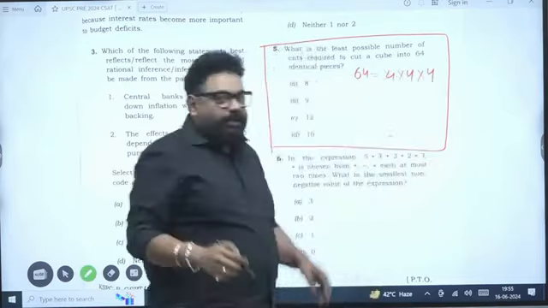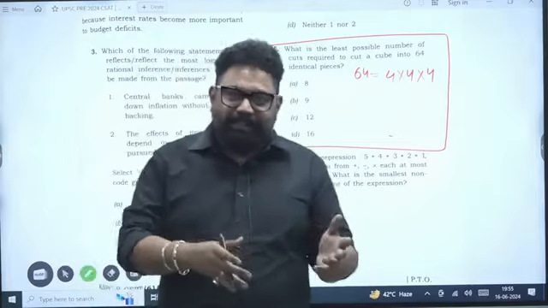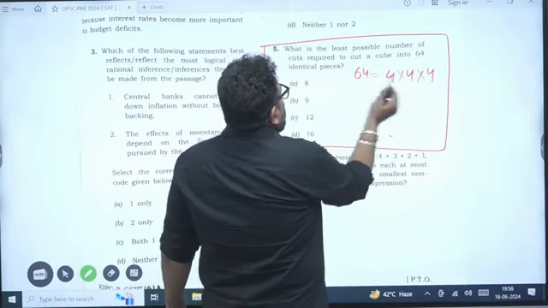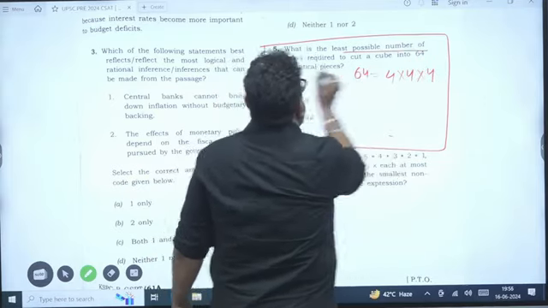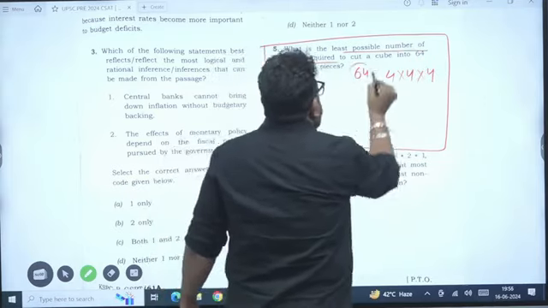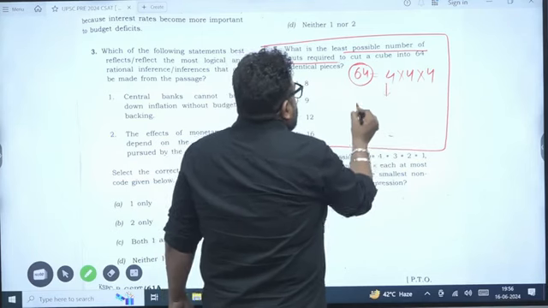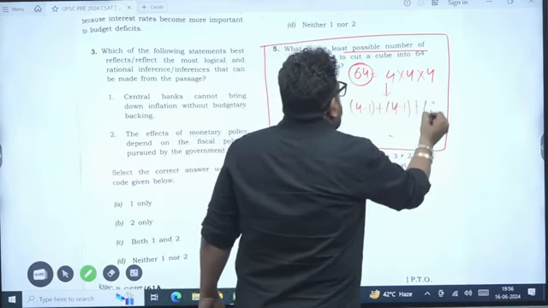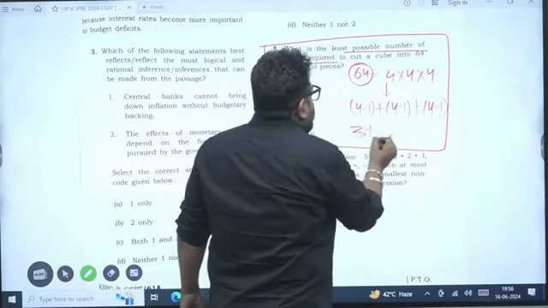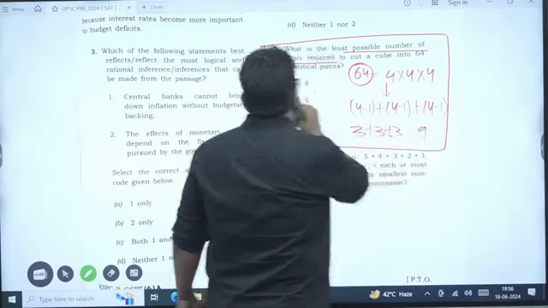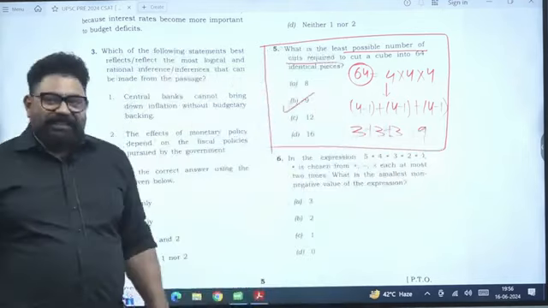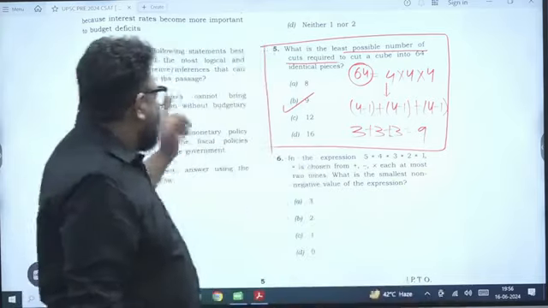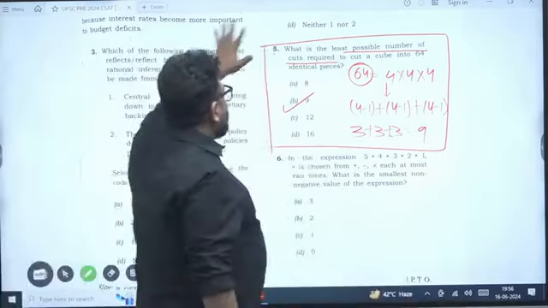If you have attended classes of cube and cube cutting dices, we have already done this thing, that the least possible cuts required for this cube would be 4 minus 1 plus 4 minus 1 plus 4 minus 1, which is 3 plus 3 plus 3, which is equal to 9. Your answer is 9. Just check out this class, you would get to know, yes, we have done it in the class, right? So I hope this is done.